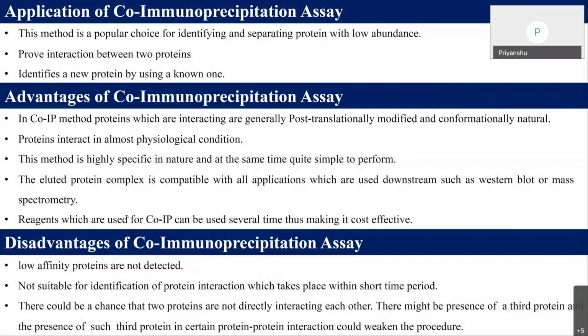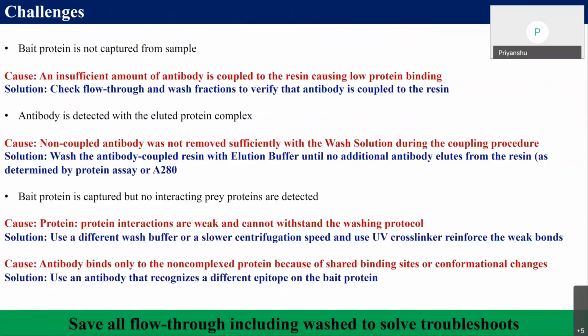So let's see my troubleshooting and my challenges. I'm going to tell you what I was facing. The first challenge I faced was that the bait protein is not captured from the sample.